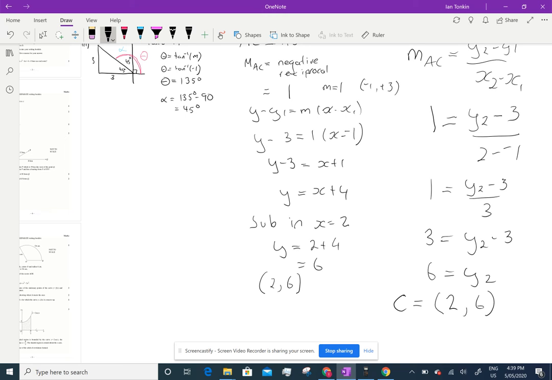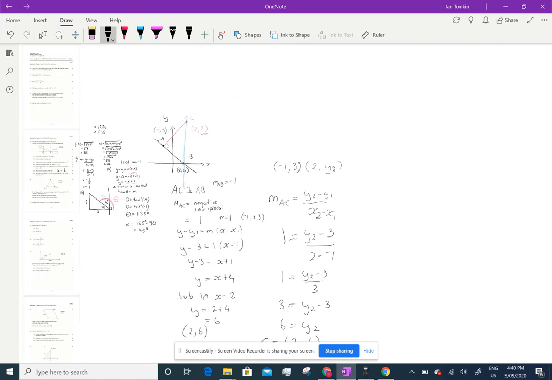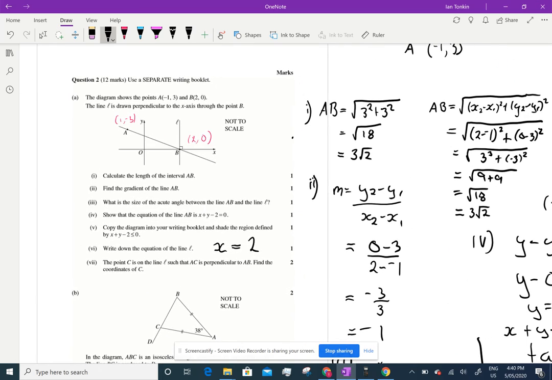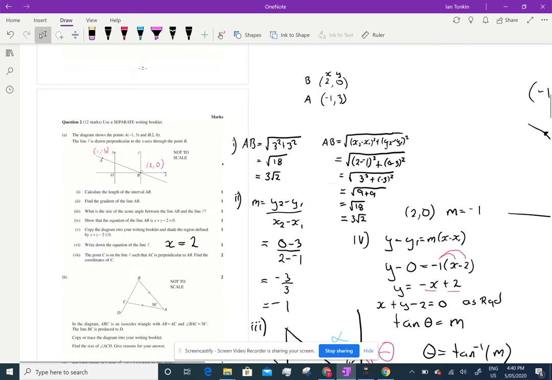So, lots of ways to answer these questions. Let's go back. So what did you have to do? Calculate the length. You could just draw a triangle and use Pythagoras, or you could use the distance formula. Find the gradient. You've got the 2 points.